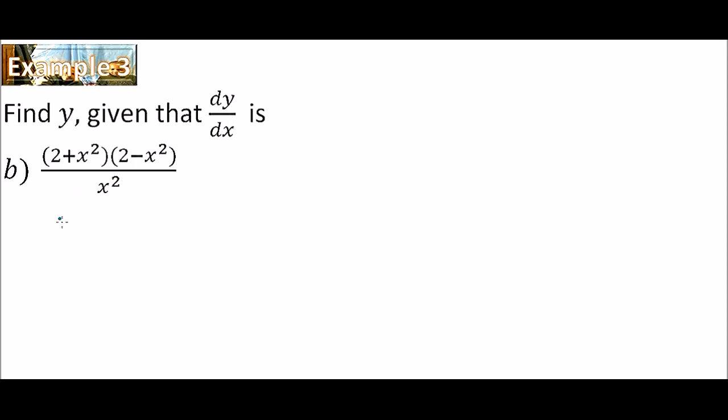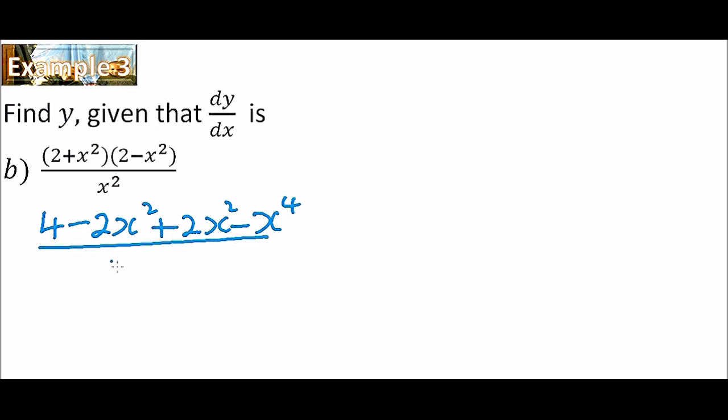You have 2 times 2 is 4. 2 times minus x squared is minus 2x squared. Then we have x squared multiplied by 2 is plus 2x squared. Then we have x squared multiplied by minus x squared, we will get minus x to power 4. This is divided by x squared.